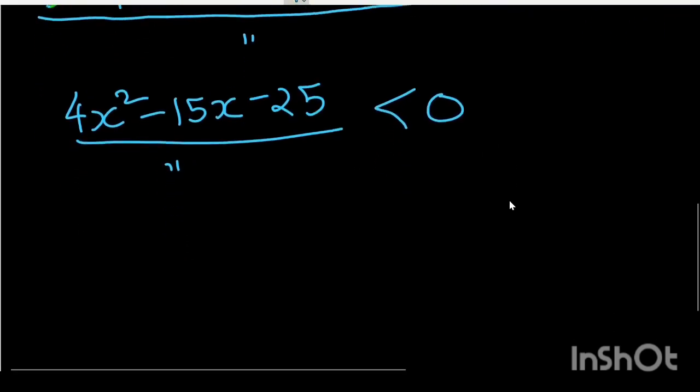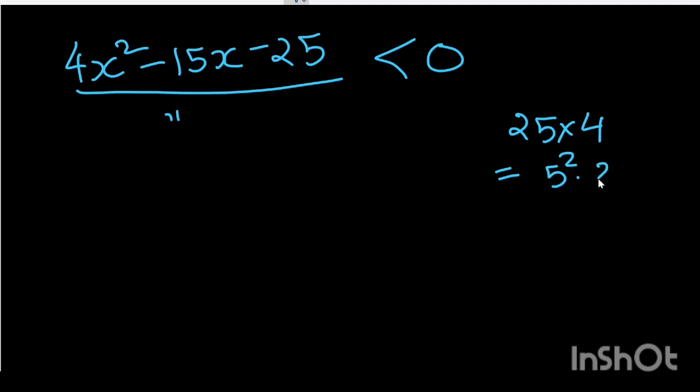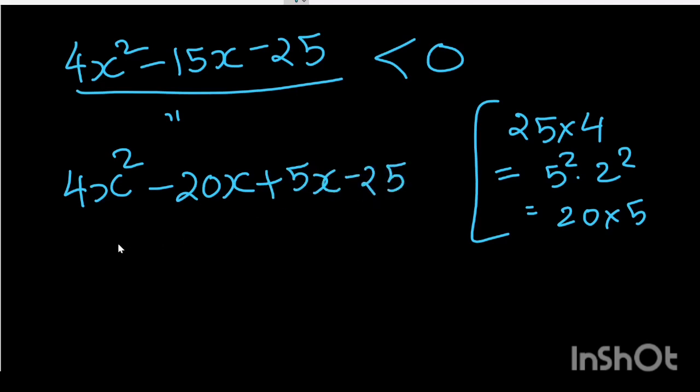Now 25 into 4, we have to write it so that the difference is minus 15. So 5 square into 2 square, 25 into 5 4s are 20 into 5, so 20 minus 5. That way we can write 4x square minus 20x plus 5x minus 25 upon all the three linear factors.